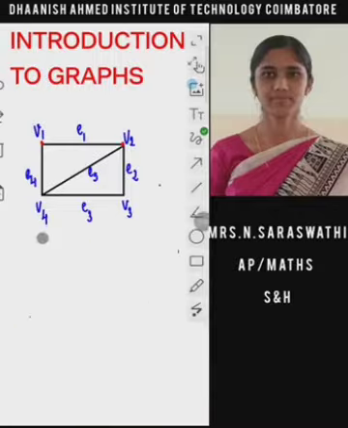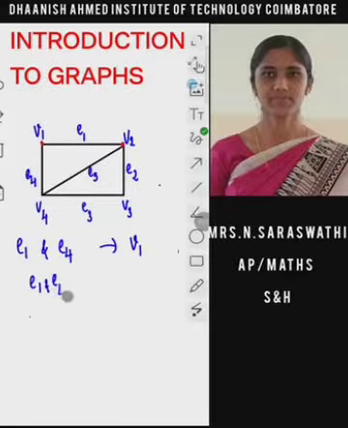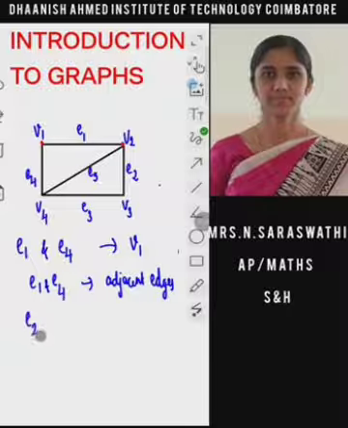Next, we see what are adjacent edges. Here, if any two distinct edges are incident with a common vertex, then they are called adjacent edges. Here the edge E1 and the edge E4 are incident on a common vertex V1. Therefore, E1 and E4 are adjacent edges. Similarly, the edge E2 and the edge E3 are incident on the same vertex V3.